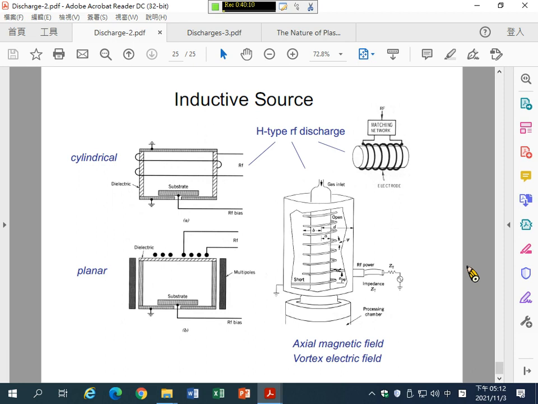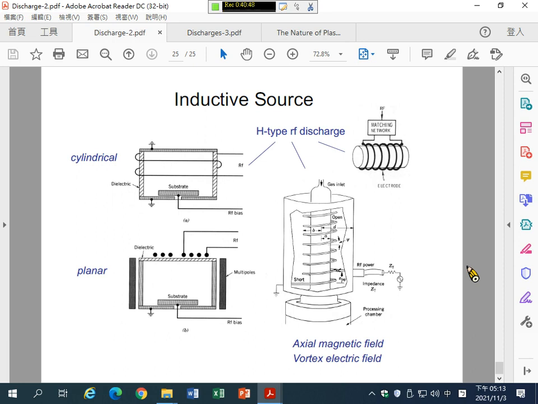So when you apply the RF power, the current will flow through the coil, so that the motion of the charged particles is like a circular motion. When charged species travel in a circular direction, they will generate a magnetic field at the center.